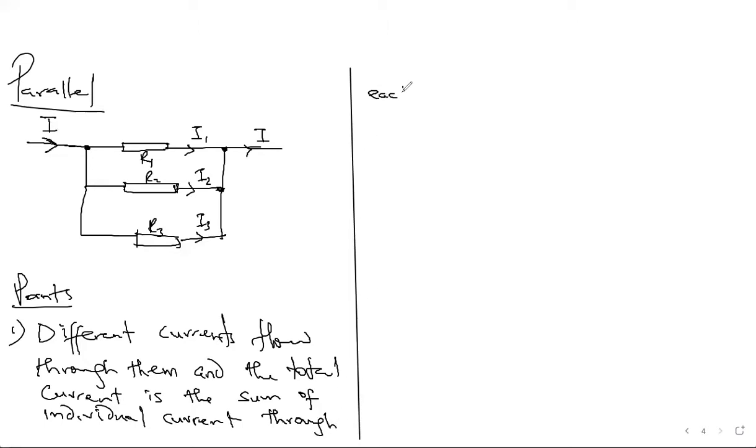So the current is different, you can see it clearly here, but I will be I1 plus I2 plus I3. Okay, so let's keep that.